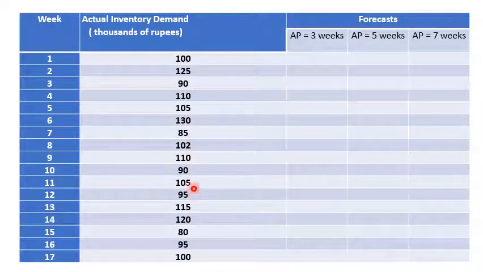Taking into account the recent 10 values from the 17th week, the in-charge has to forecast for the 18th week. So 3 different forecasts are to be done, one based on a 3-week moving average, one on a 5-week moving average, and one on a 7-week moving average.